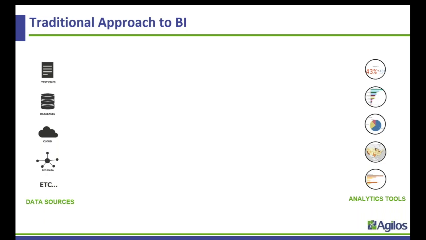And many organizations also started to build some reports. So they're using some query tools to get access to this data. And there are many different tools that are actually being implemented in the organization. It could be Excel, it could be reporting tools, it could be dashboards, a lot of ways to get access to the data.